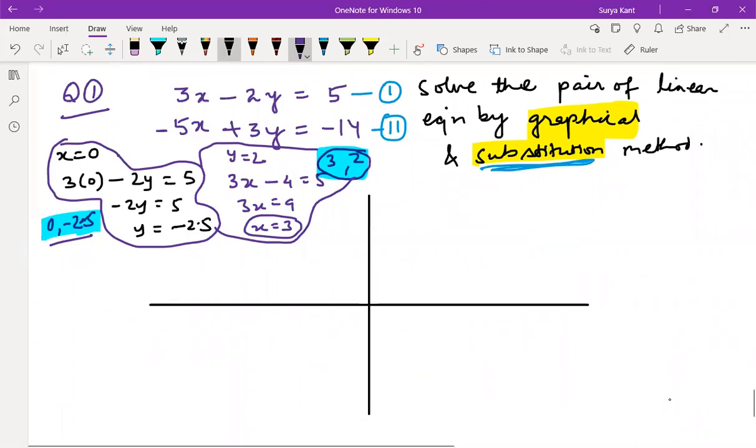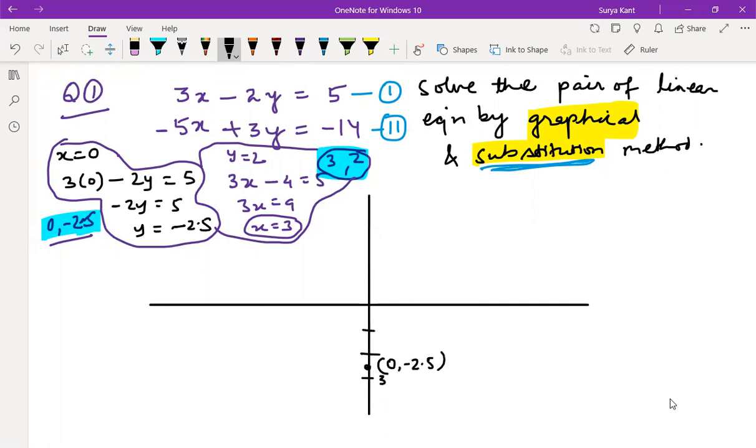So see, the first coordinate we are getting is 0, comma, minus 2.5. So 0 is here and minus 2.5, where is it on the y-axis? This is the y-axis. So minus 2.5 you get somewhere between 2 and 3, somewhere here. So this is 0, comma, minus 2.5.